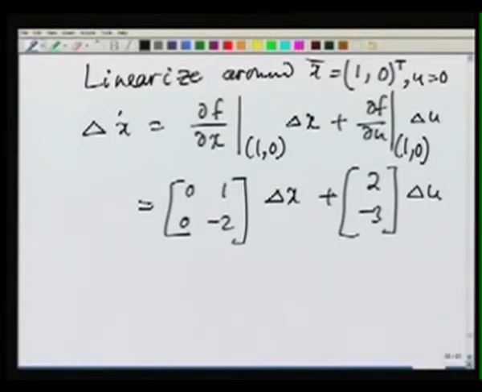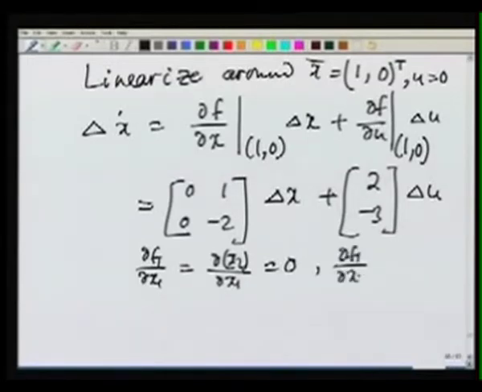okay. So how do I find it? This simply 0 is del f 1 by del x 1 and f 1 is actually x 2, so del x 2 by del x 1. By definition this is 0. Similarly, the second one is del f 1 by del x 2, that is del x 2 by del x 2.